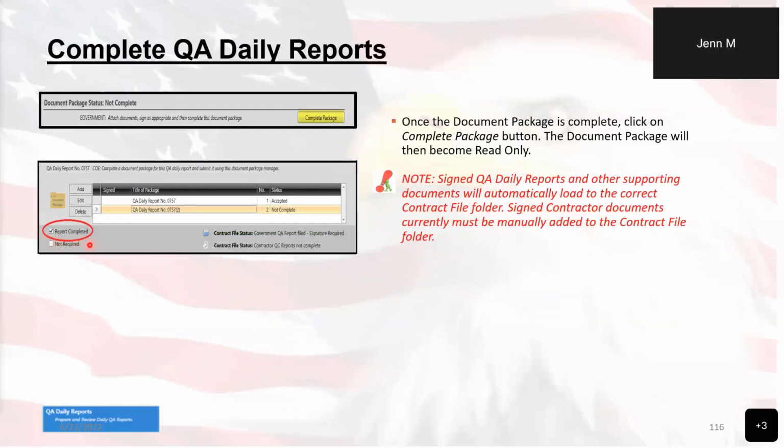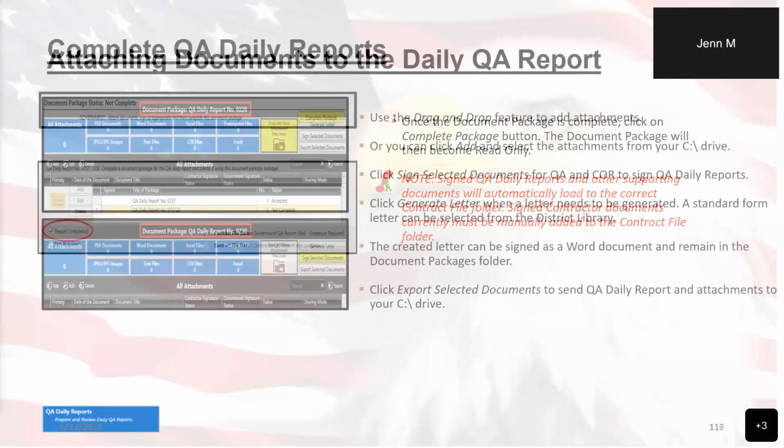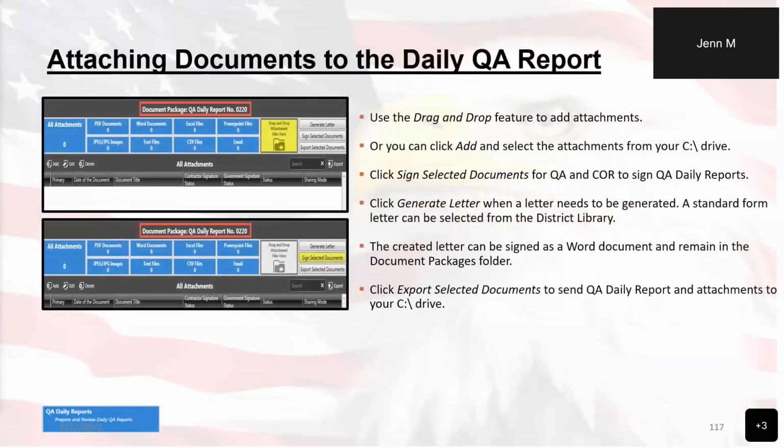As you see here, we want to make sure, whether using the multi-signing or the individual signing, that the QA reports are signed in order. First, the preparer, then the approver. If perchance you are using the multi-sign feature, you don't have to sign each document package of each report that you're completing.